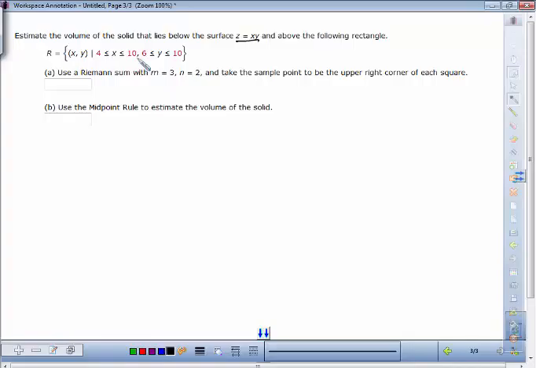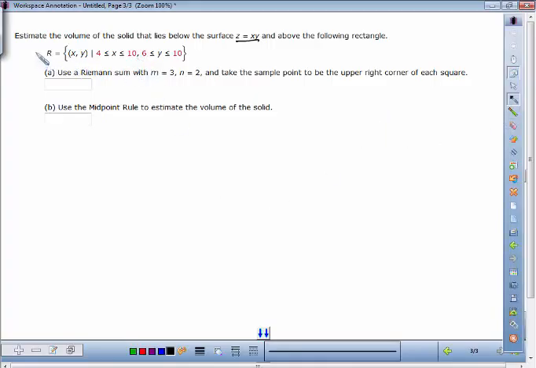So in a lot of cases, you don't need to see the three-dimensional picture of this, but it's very, very important that you see the two-dimensional domain of this. You have to see what's going on in the domain to figure out your limits. In this particular problem, you want to see your domain to figure out what x star and y star you're going to put into the function.